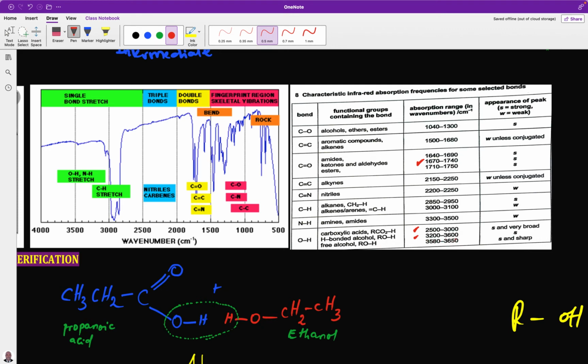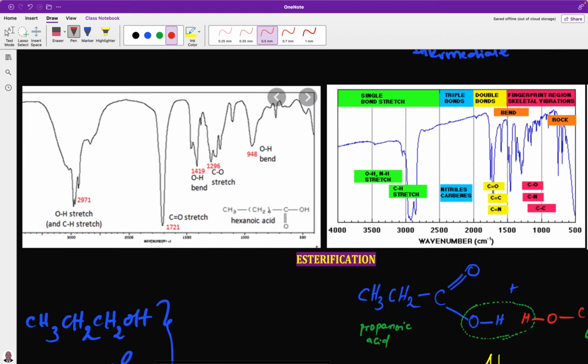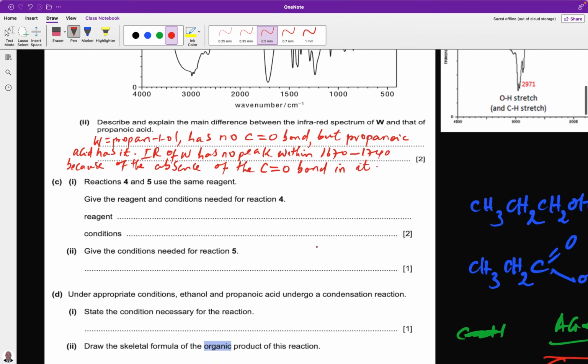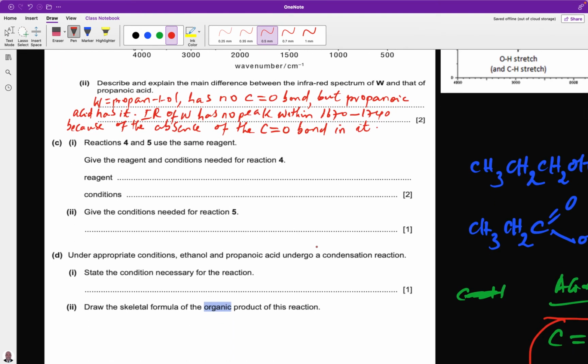So there are two differences you can give: one for the carbonyl group, or one for the OH group. Thank you. Let's go to the next part. For more information on infrared spectroscopy, refer to our previous video on it.